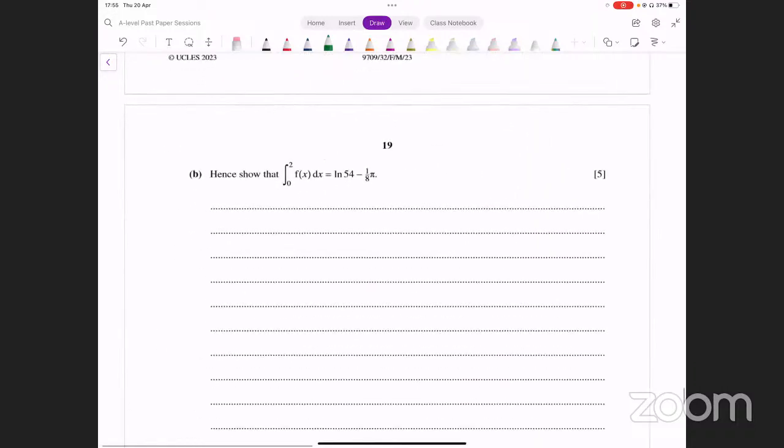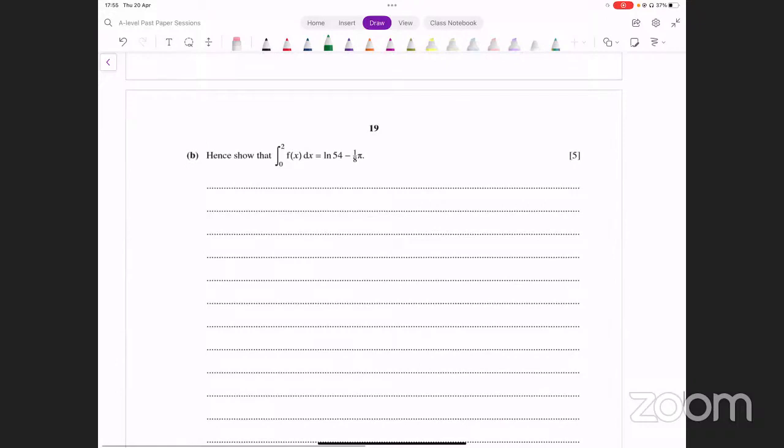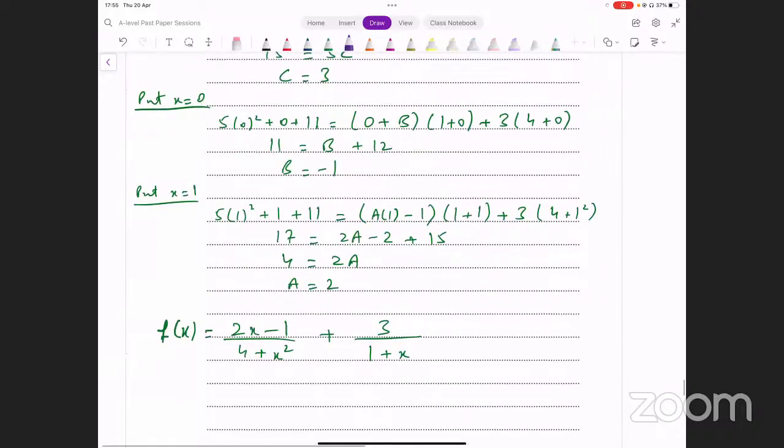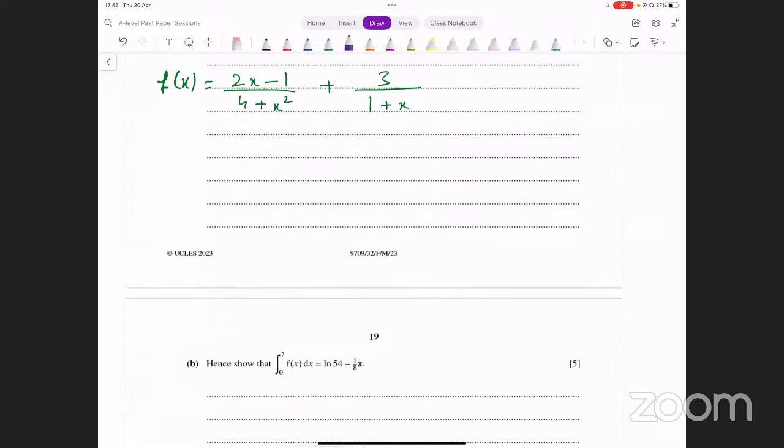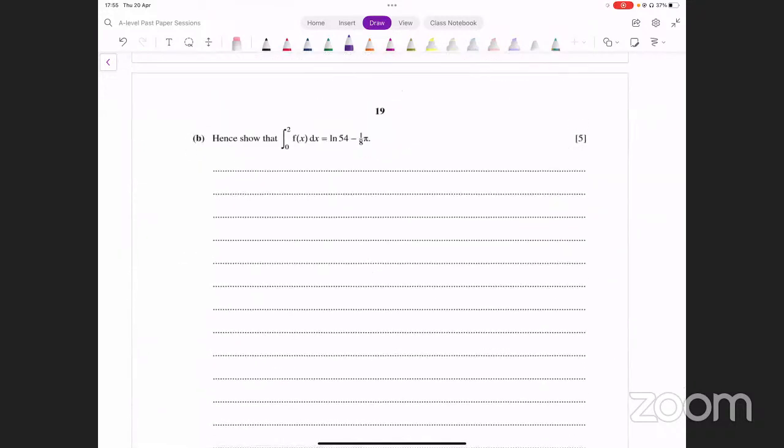Now in the next part, we have integration. It says, hence show that integration of f of x with limits from 0 to 2, that is equal to ln of 54 minus pi over 8. This is what we need to do now. अब देखिए आपने इसके partial fractions already figure out कर लिए वहाँ पर. अब आपको ये integration करनी है.